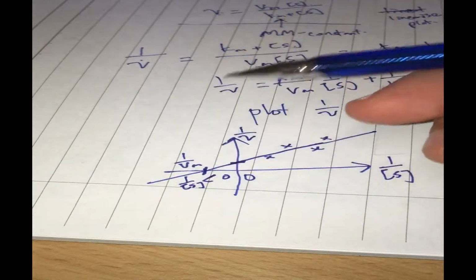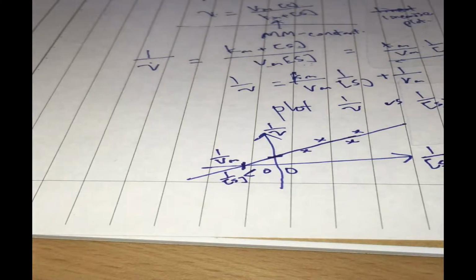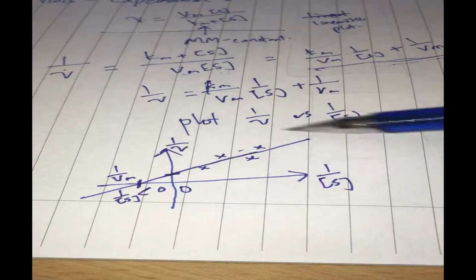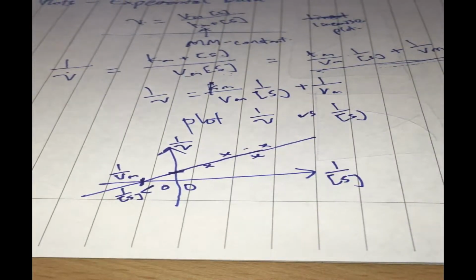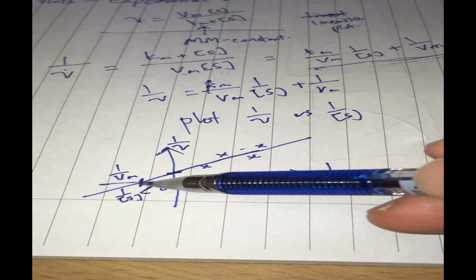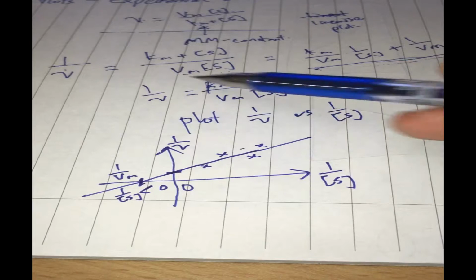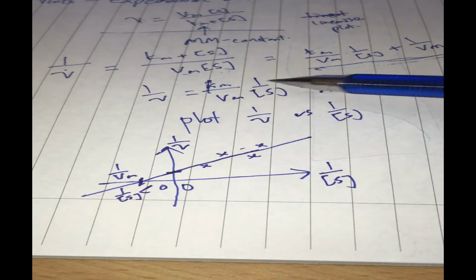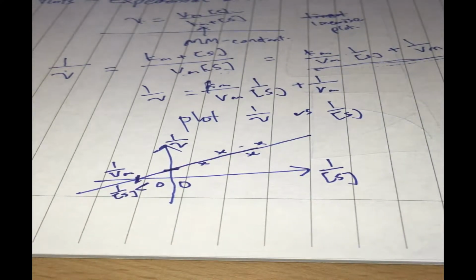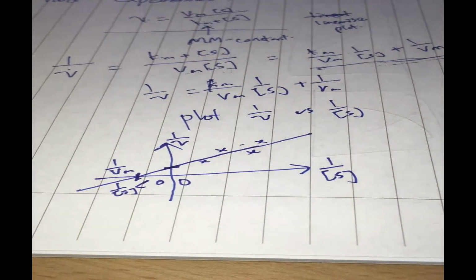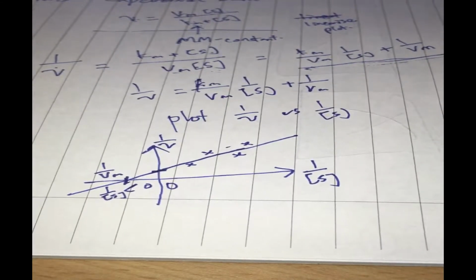So the left hand side of this graph doesn't really make much physical sense, only the right hand side. So you should only pay attention here. Of course, in terms of mathematics, you can extrapolate this so that this is 0, and you find the relations here somehow. But what I'm saying is that the left hand side doesn't really make much physical sense, so by and large, you should be able to ignore the left hand side.